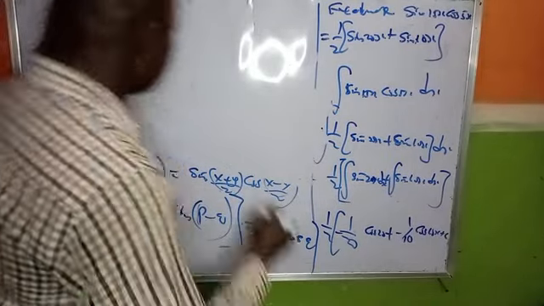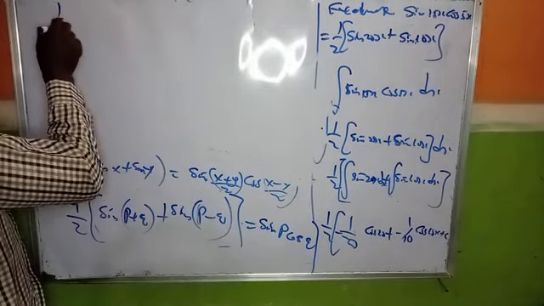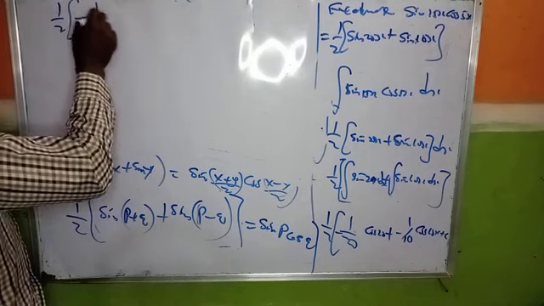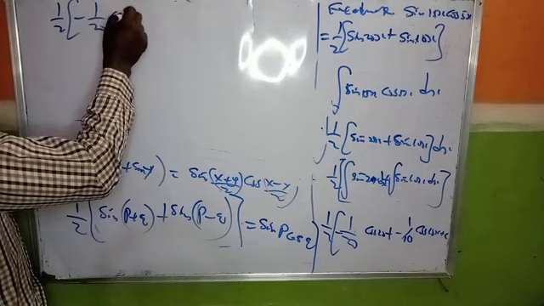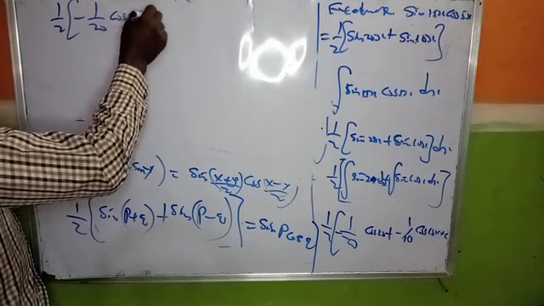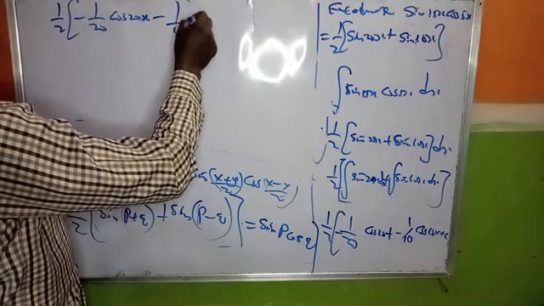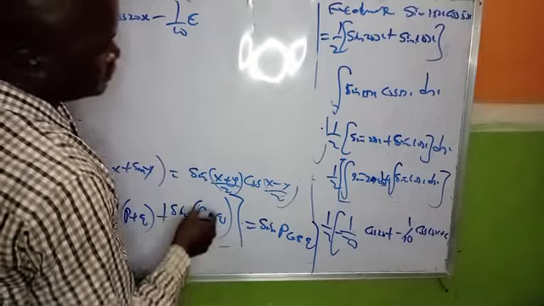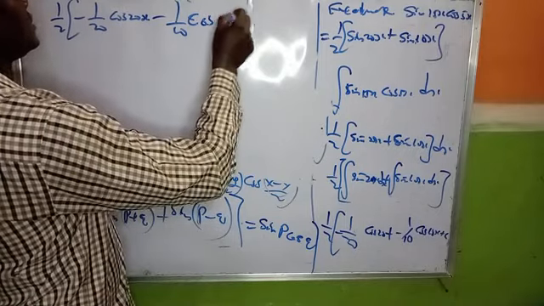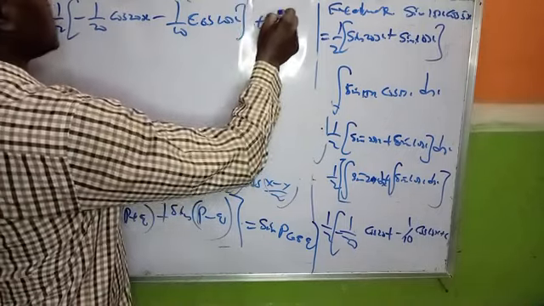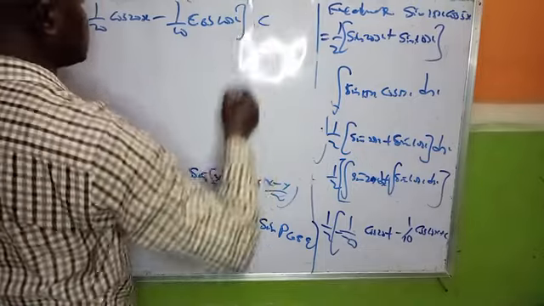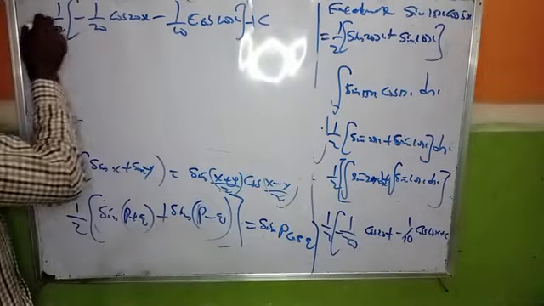So your answer will simply be what? 1 over 2 into minus 1 over 20 cos 20x minus 1 over 10 cos 10x, plus constant. So what do you have here?